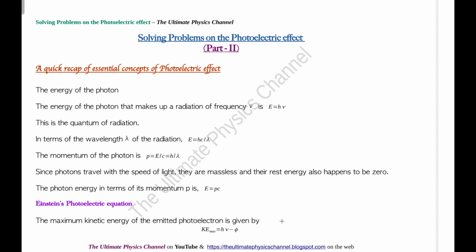We solved some very interesting problems in part 1 of the same topic, and this is a continuation of that, in the sense that we are going to solve more problems, and some more interesting problems, in this video. A quick recap of the essential concepts of the photoelectric effect is not required again, since I've already discussed that in part 1 of the video.